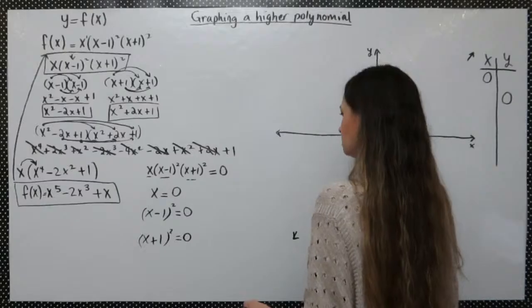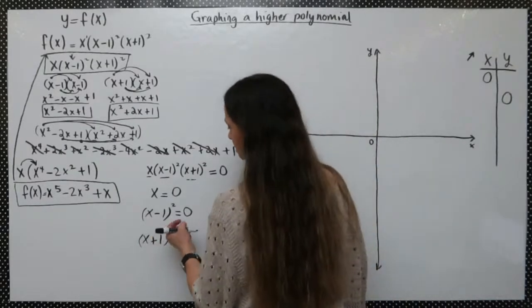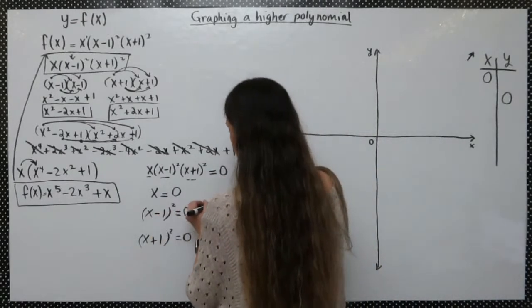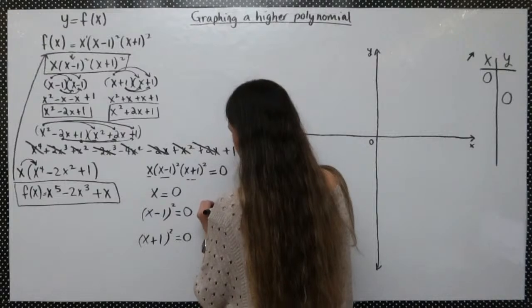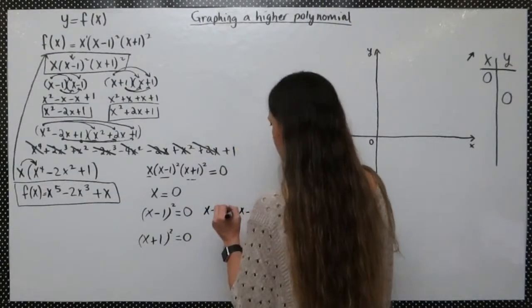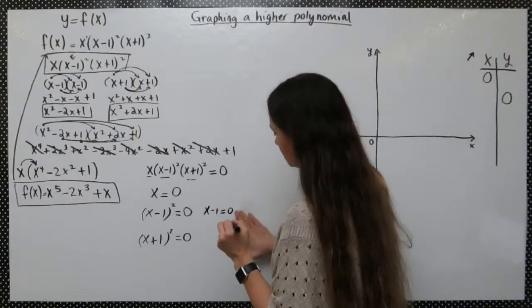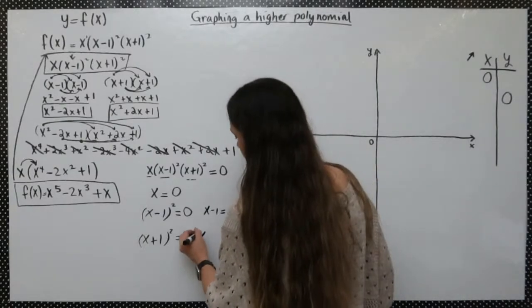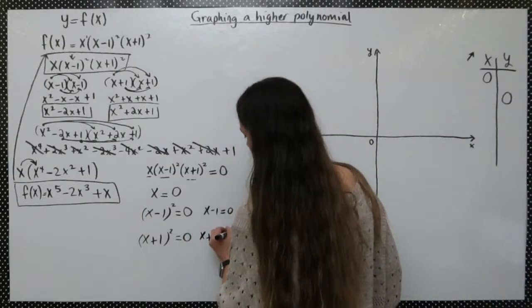This one is a duplicate, so it's x minus 1 equals 0, and we don't need to copy it twice. And this one's going to be x plus 1 equals 0.